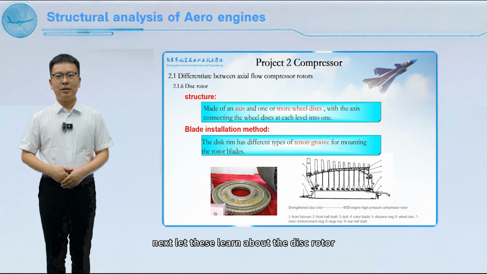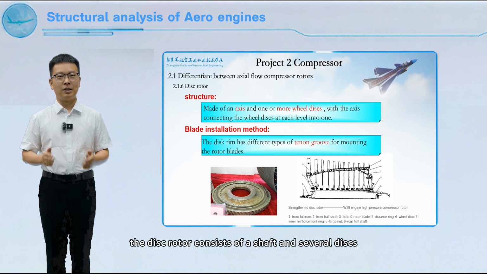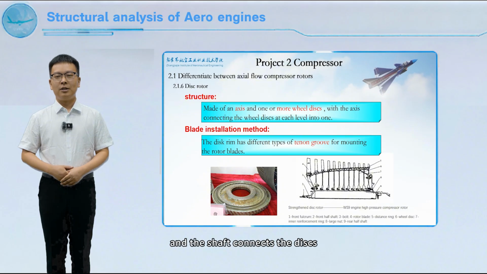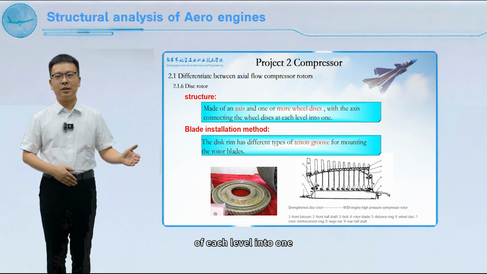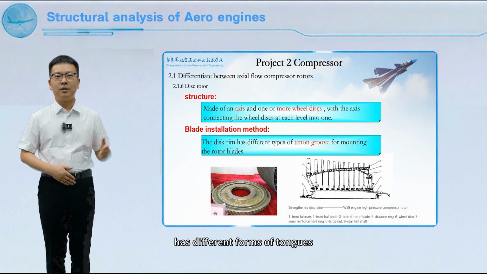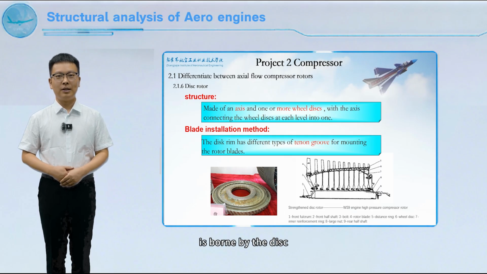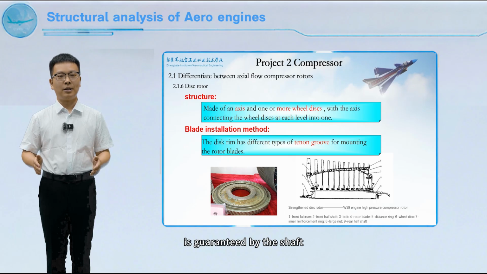Next, let's learn about the disc rotor. The disc rotor consists of a shaft and several discs, and the shaft connects the discs of each level into one. The disc edge has different forms of tongues and grooves for installing rotor blades. The centrifugal force of the rotor blades and discs is borne by the disc, and the bending rigidity of the rotor is guaranteed by the shaft.